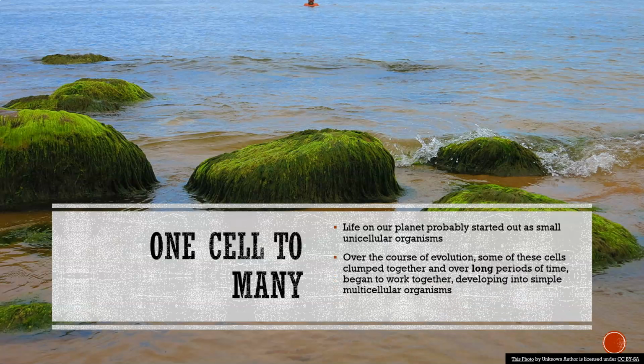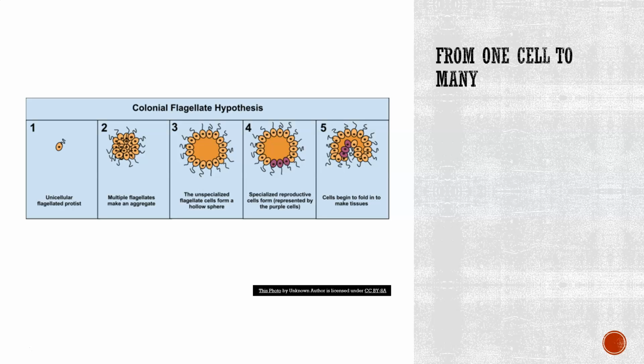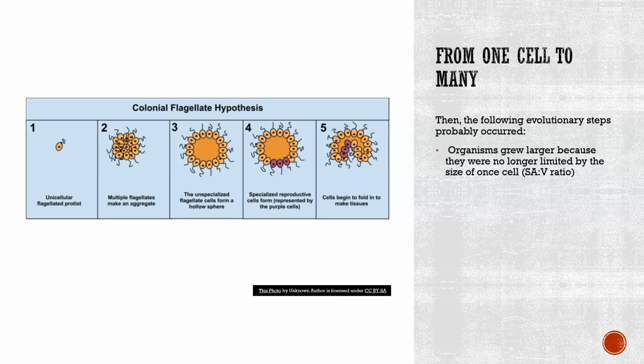Now, over the course of evolution, some of these cells have then clumped together over long periods of time and began to work together, developing simple multicellular organisms. Then it's believed that the following evolutionary steps probably occurred. The organisms grew because they no longer were limited by the size of the cell, so that surface area to volume ratio that we discussed in an earlier video.